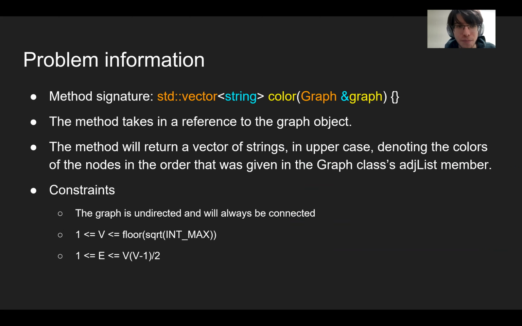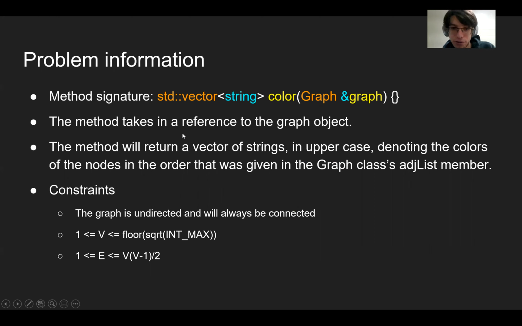So maybe you're thinking about how to use greedy. Your method signature will look something like this. You're given a vector of string colors and a reference to the graph.